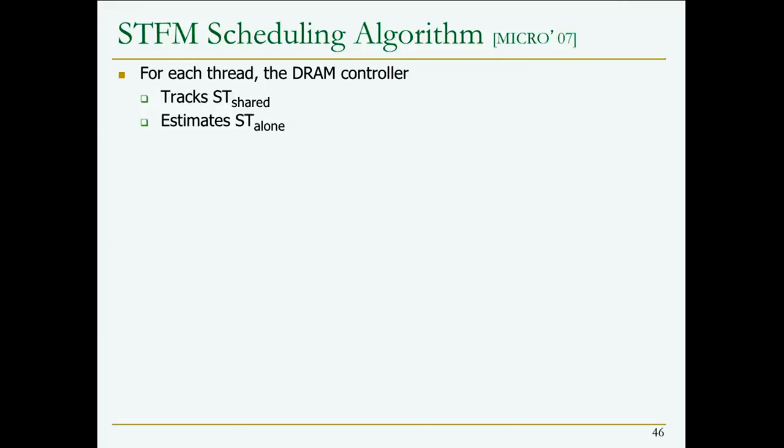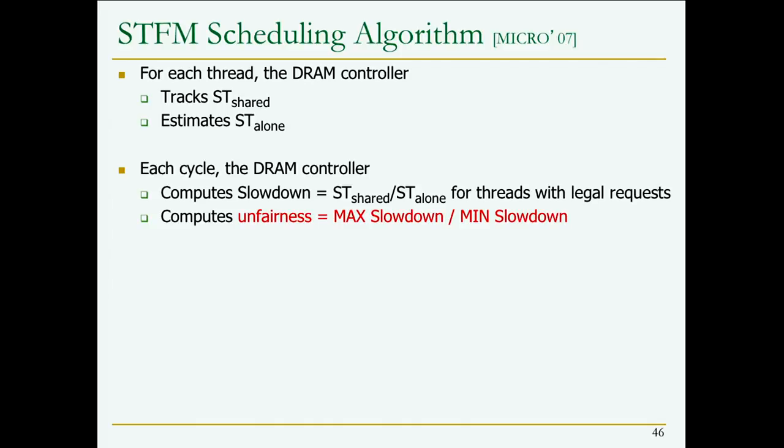Let's call those excess cycles or interference cycles. And if you count them nicely and well, which is really a hard problem, you can subtract those cycles from the stall time shared, saying, these were the cycles that I stalled because of interference. If I subtract them, I will get stall time alone. Theoretically, this is possible, and this paper shows that actually you can get close, but not perfect.